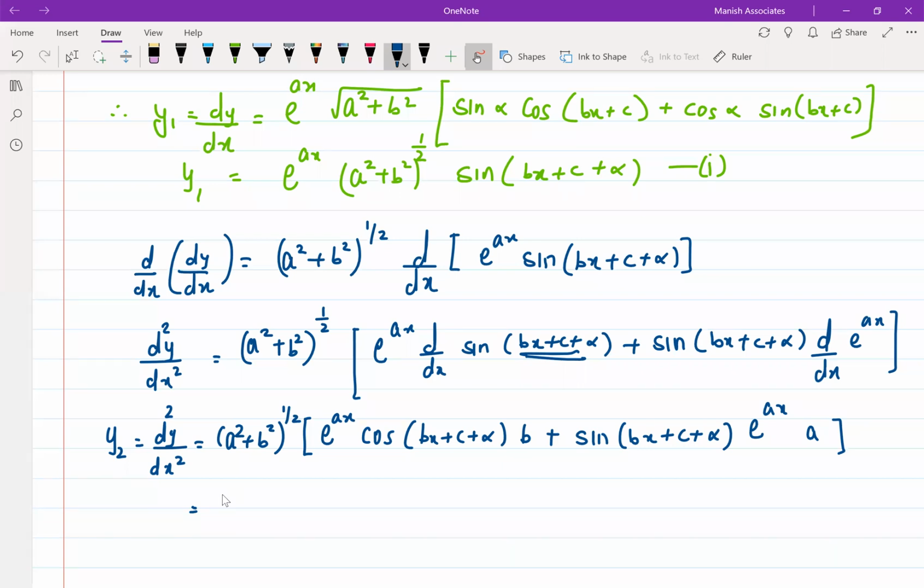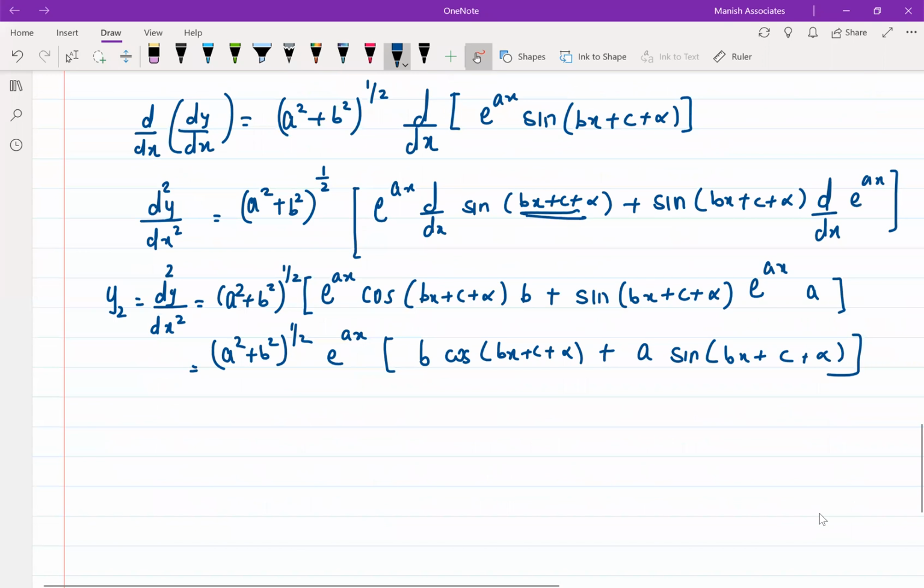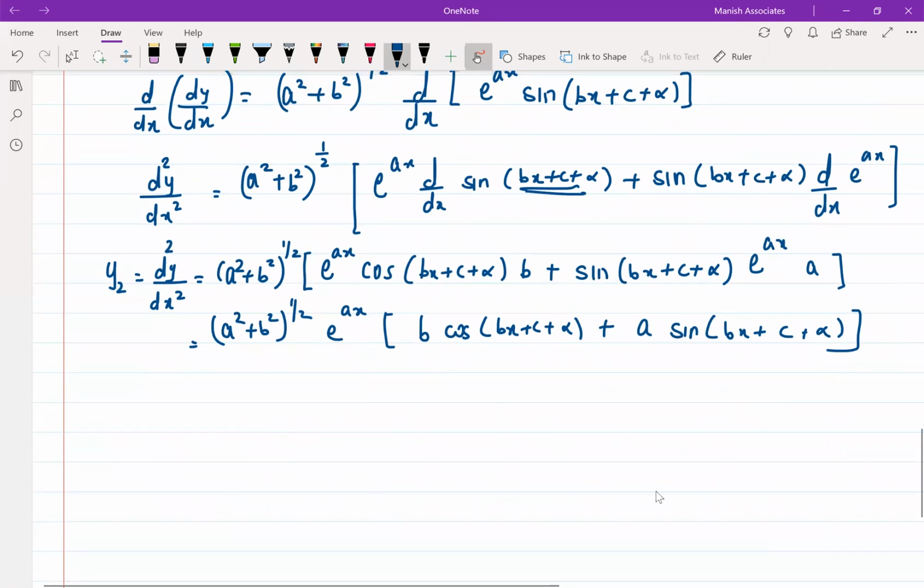Now this is a square plus b square raised to half. I remove e raised to ax common outside and I get b cos of bx plus c plus alpha plus a sine of bx plus c plus alpha. Clear? Now again, I'll do the same process.